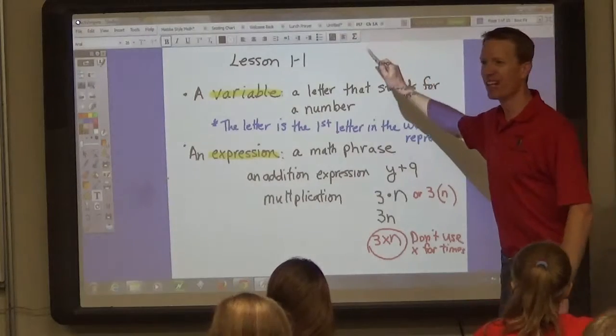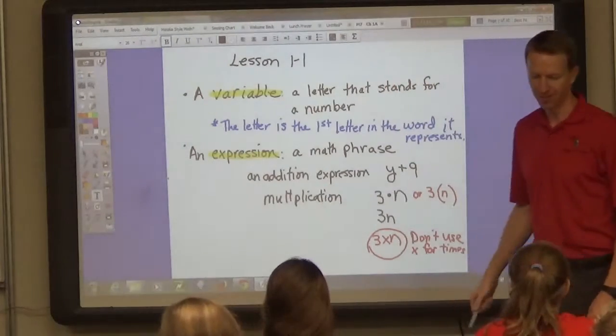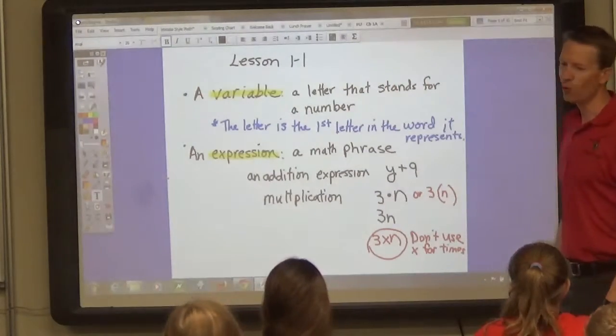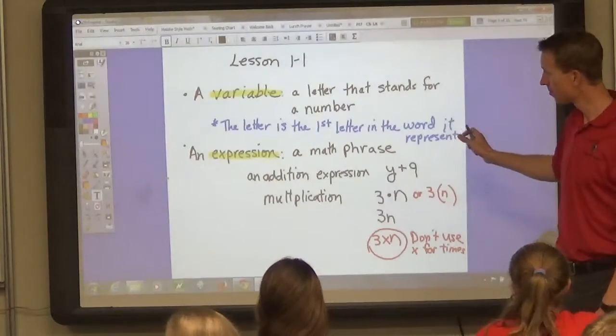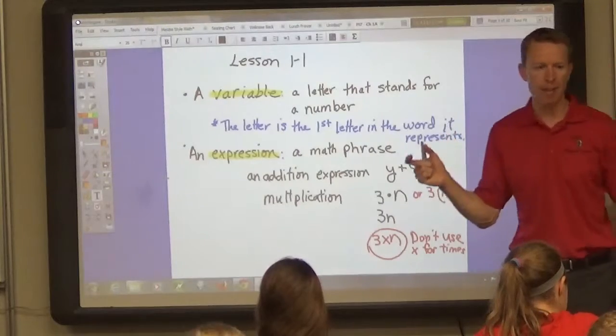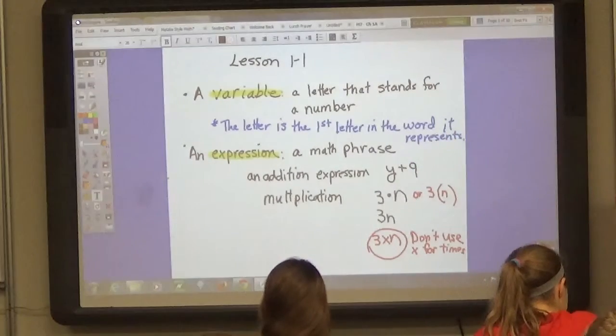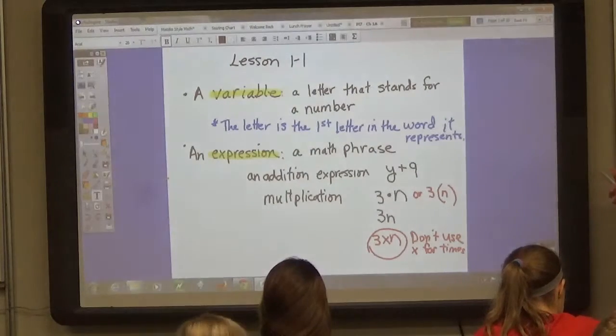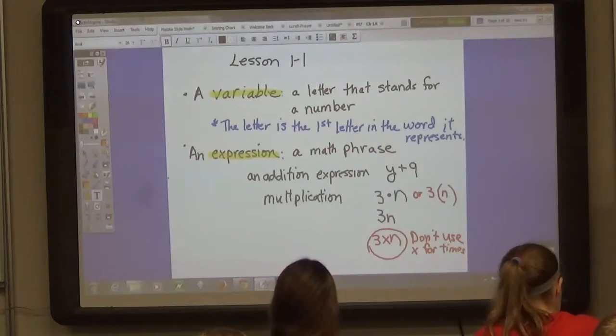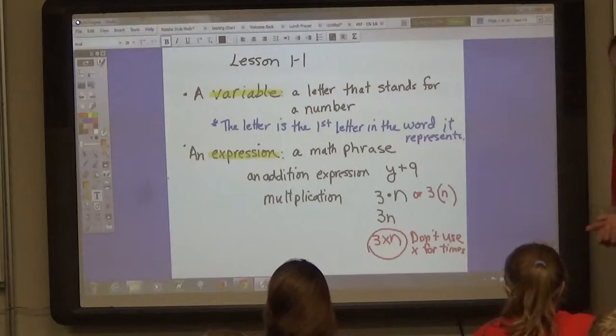We're going to get started with lesson 1.1 for pre-algebra. Lesson 1.1 is about expressions. An expression in math is really a way of saying something, or a way of expressing something. In math, obviously it's going to involve numbers.